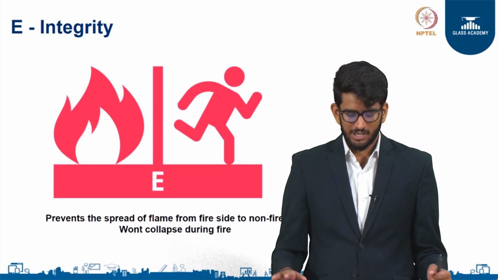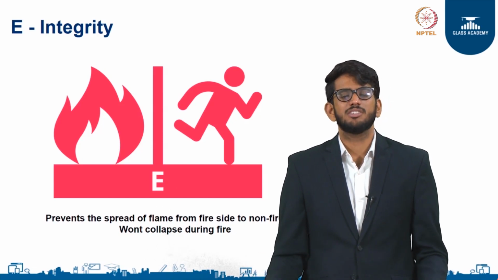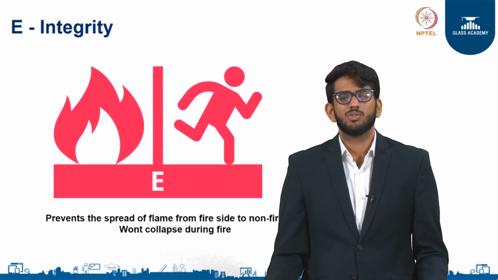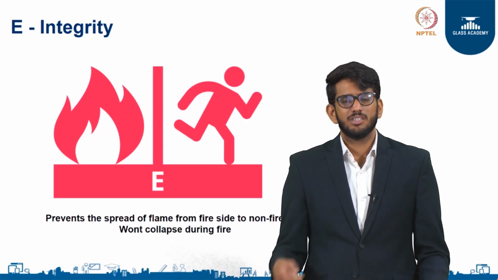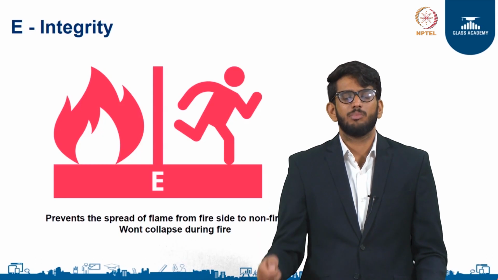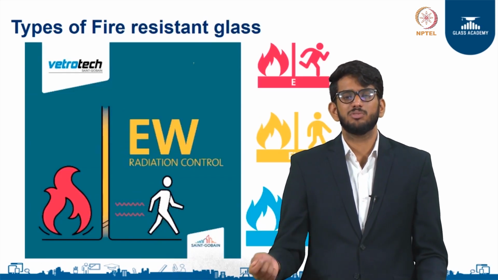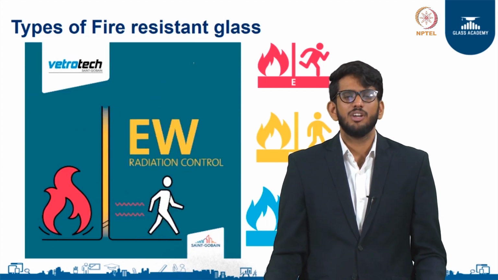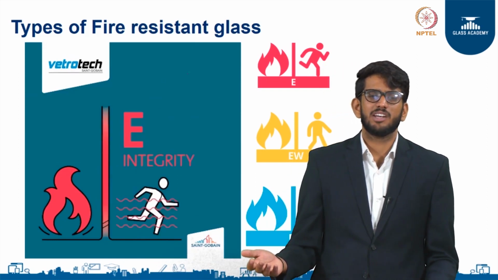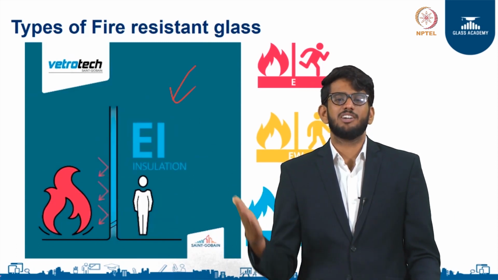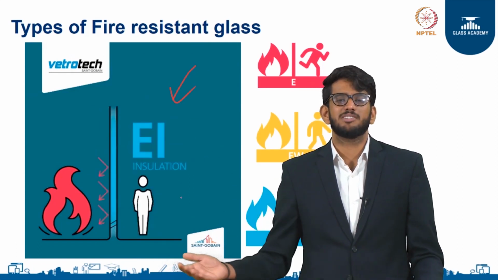Glass as a property has its own thermal transmittance. So at the end of the day, the heat is definitely going to pass through the glass unless we carry out some value addition process on the glass. There are other types of fire resistant glasses as well, which are much superior in performance, which can cut down the amount of heat that is coming through.